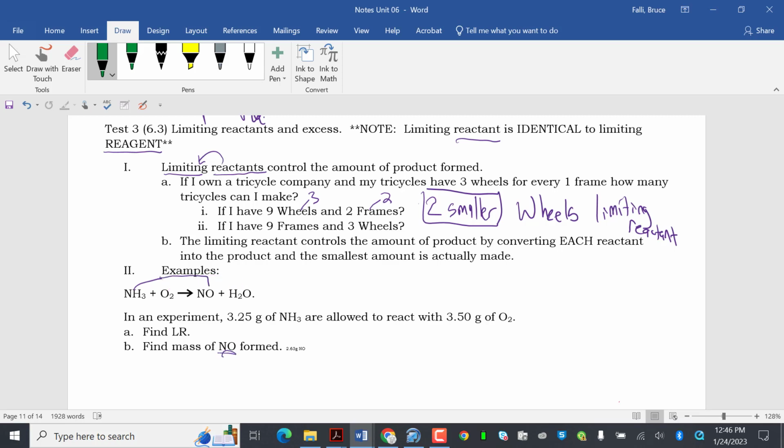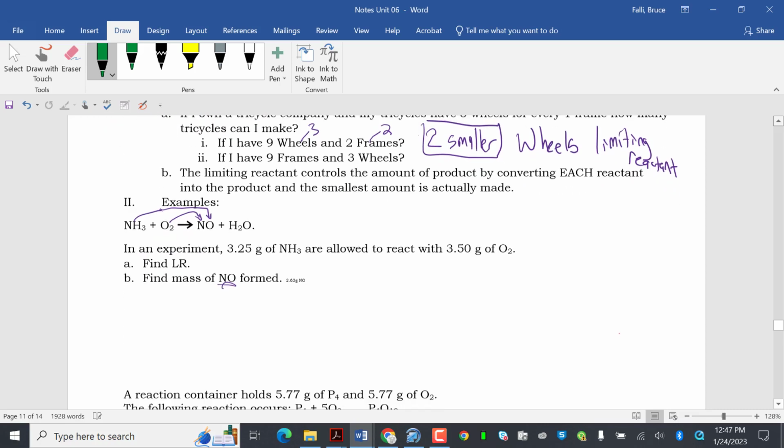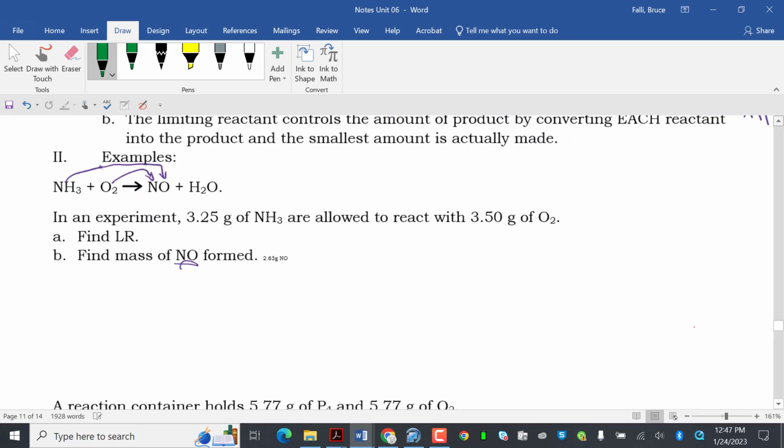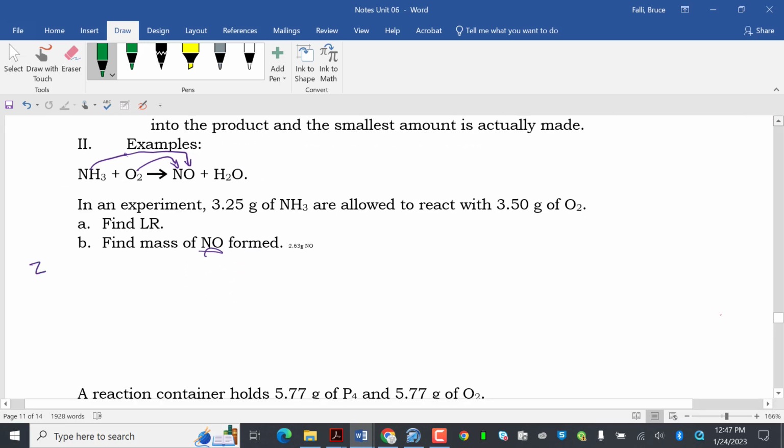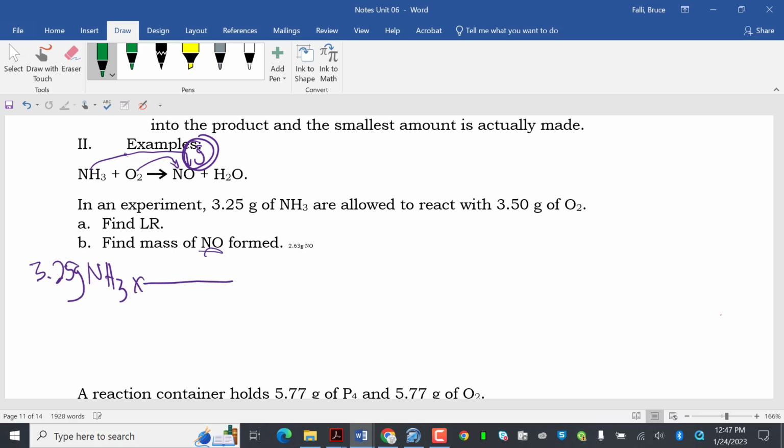I'm going to convert them both into NO so I save myself a bit of time. Okay, so I'm going to start with just what we've done before, just a bit bigger. 3.25 grams of NH3. And remember, we're going into grams of NO. My name is NO. My number is NO. The rest of that. And then grams of NH3 into moles of NH3, just like what we've been doing.